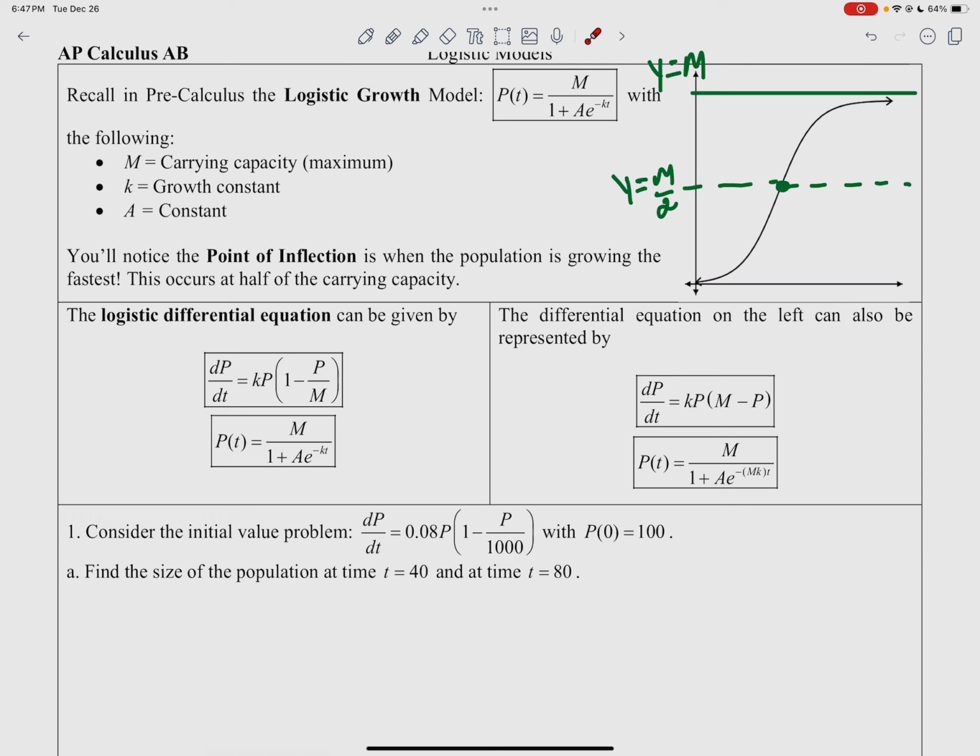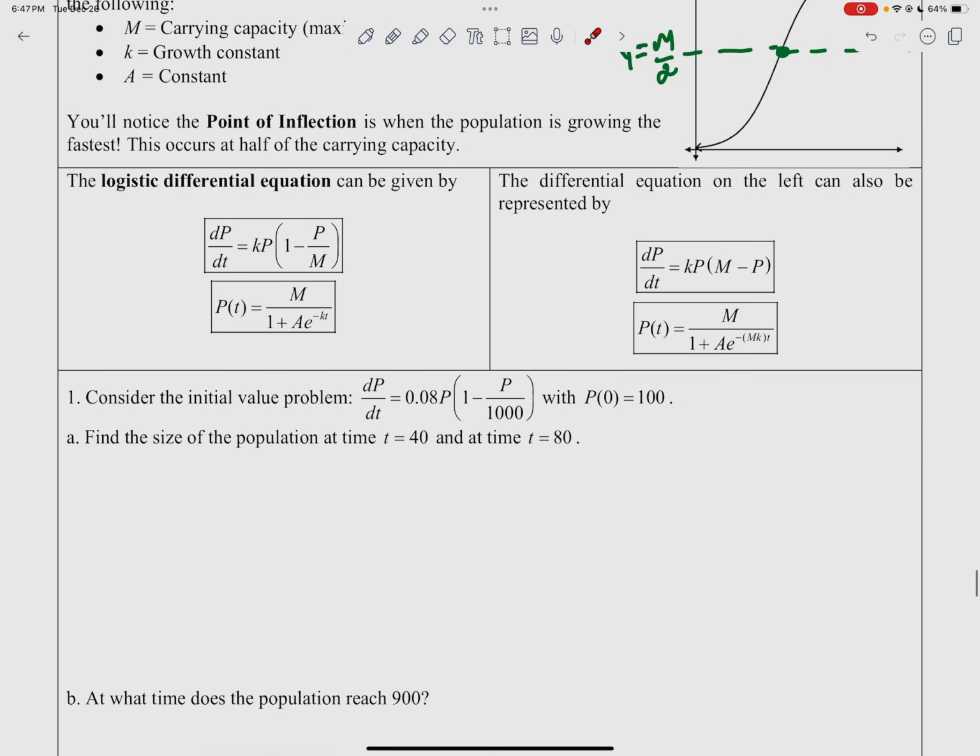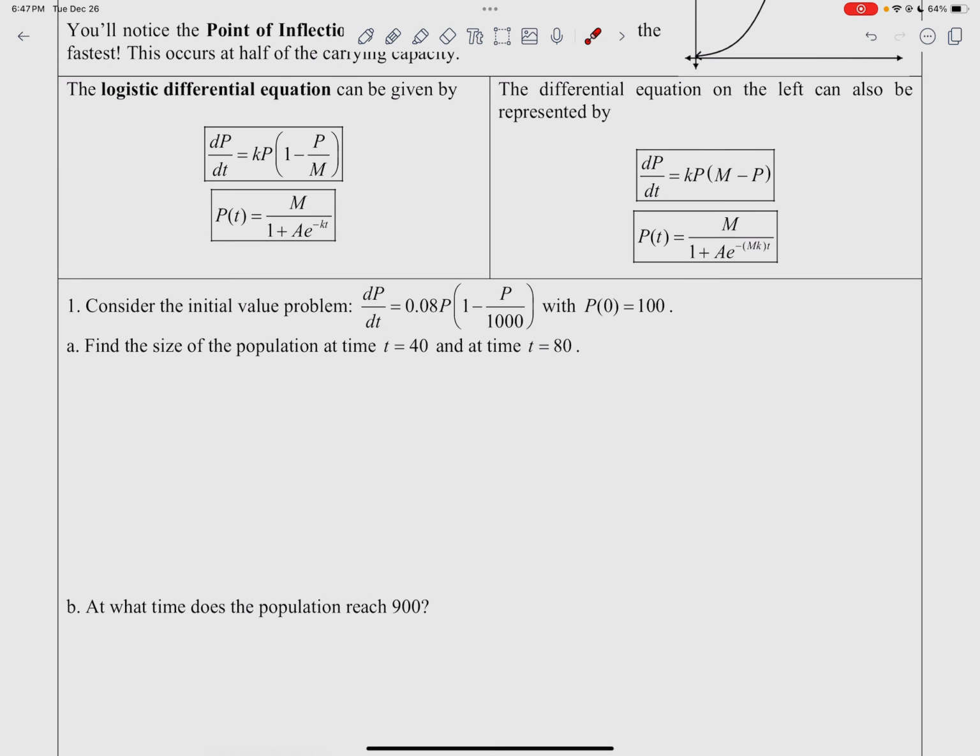Both of the logistic differential equations that you see are very similar, essentially the same thing, whereas in this one your exponent is negative kt, and in this one your exponent is negative mk times t. Honestly, it's the same thing. It just depends on if your differential equation looks like this or looks like this.